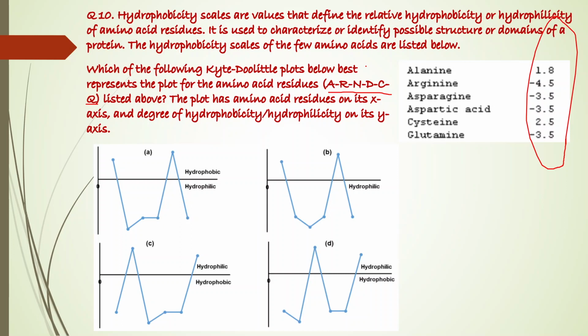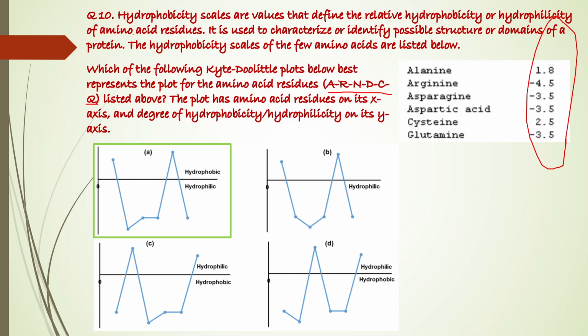Thank you very much for answering the questions. Most of you have selected the correct option, that is A. So this question is very easy. All the values are given, what values you have to put on the y-axis and x-axis.